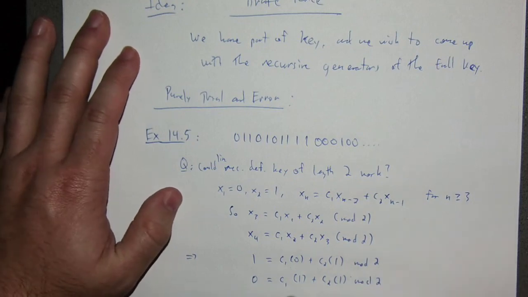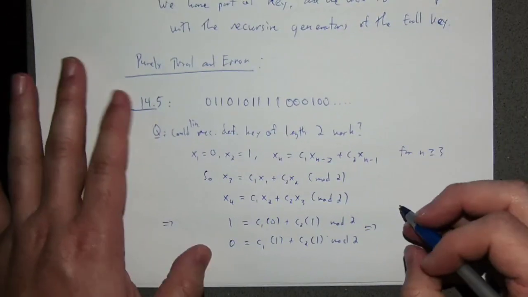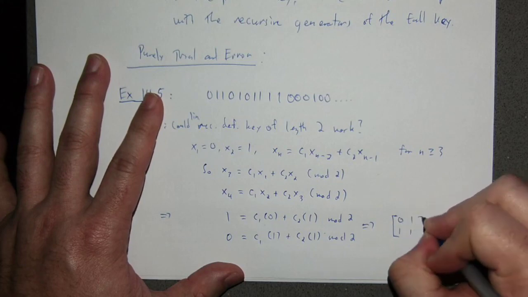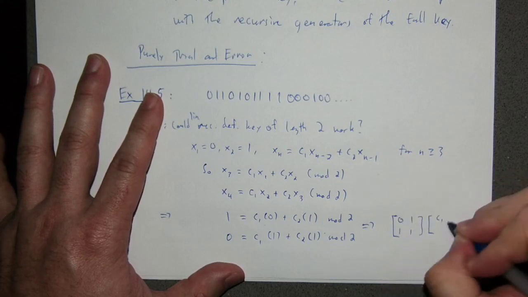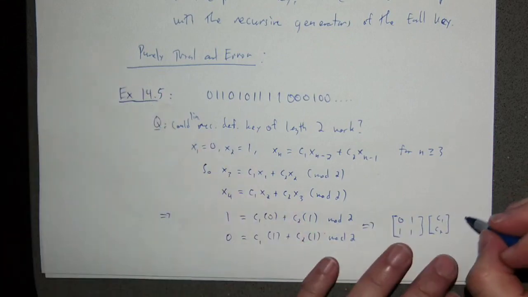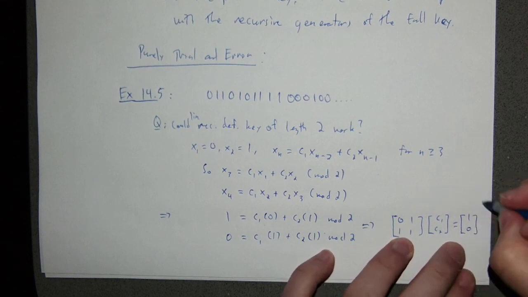Okay, which I can write as a matrix equation. So as a matrix equation, this is 0, 1, 1, 1 times C1, C2, and that is equal to 1, 0 mod 2. And so this is mod 2.